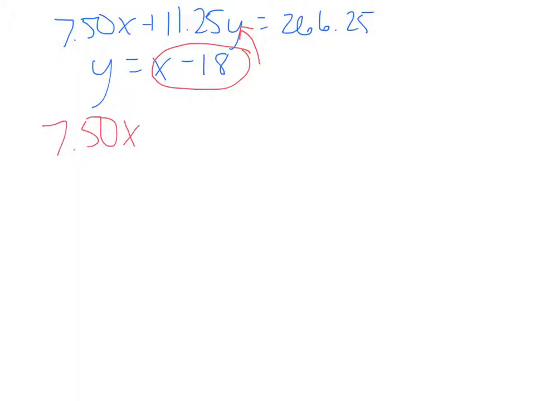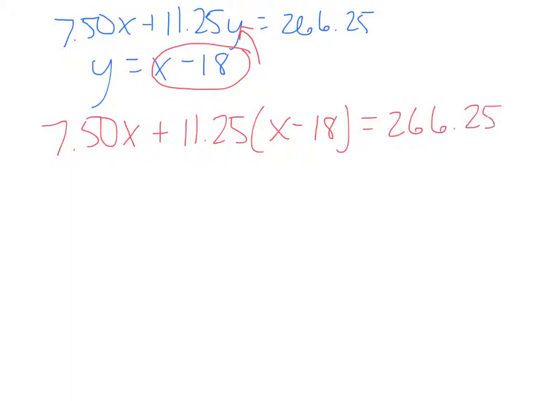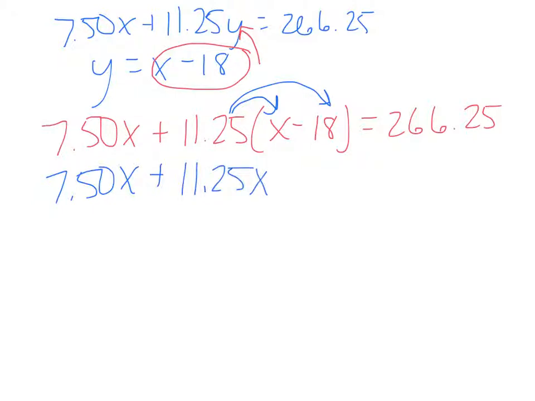So we have 7.50x plus 11.25, and now in parentheses, x minus 18, equals 266.25. Now we have a number in front of the parentheses, so we have to distribute it inside. Our 7.50x comes down. Now we have 11.25x minus 202.5 equals our 266.25.